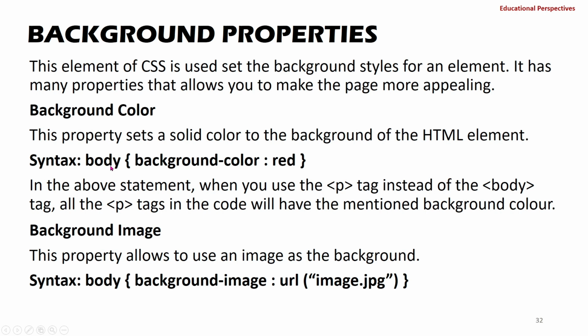As we have said earlier in the properties of CSS, it is once specified in the head section and it is applied to more than one tag of the similar types for the whole web page.